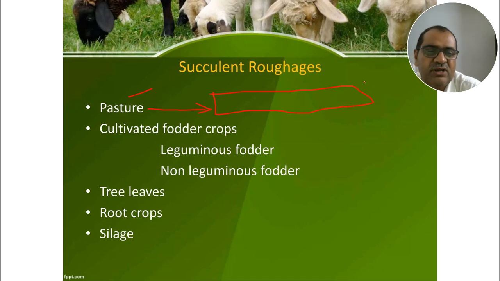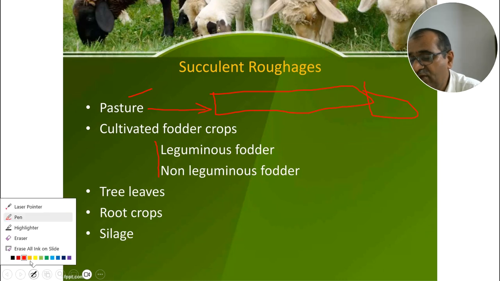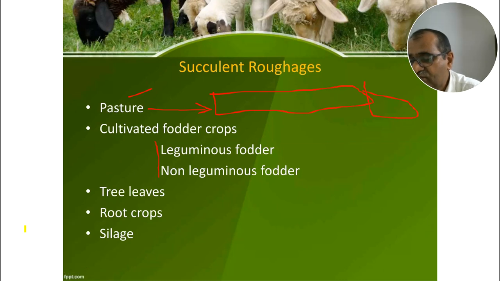If a farmer has sufficient land, the cattle can graze very easily. Cultivated fodder crops are classified into two types: leguminous fodders and non-leguminous fodders, which are very common in feeding cattle.